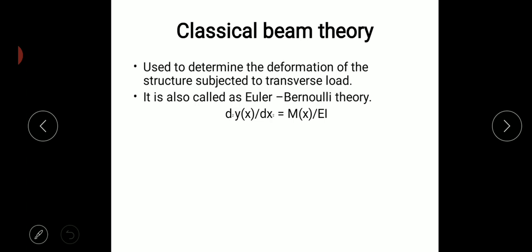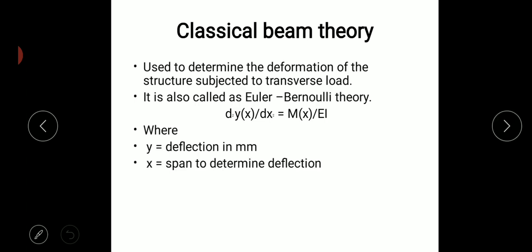So R is the radius of curvature or the arc distance of the deflected shape of the structural member. Here it can also be represented as d square y by dx square is equal to M by EI of x. Here y is called the deflection in mm and x is the span to determine the deflection.